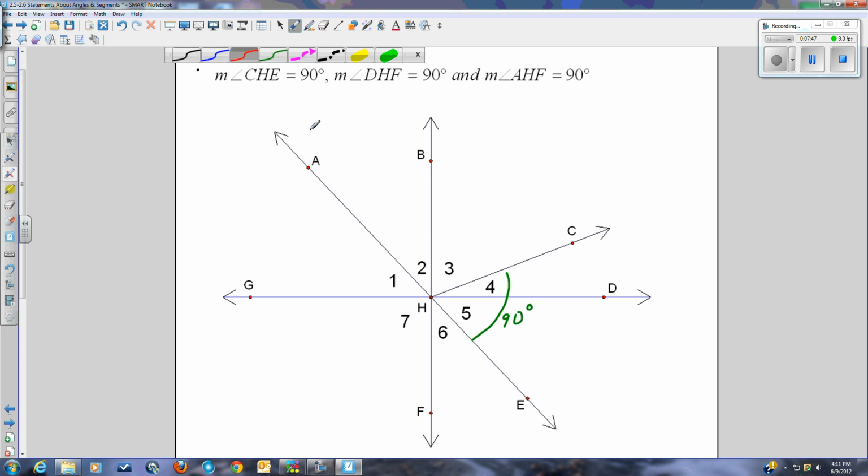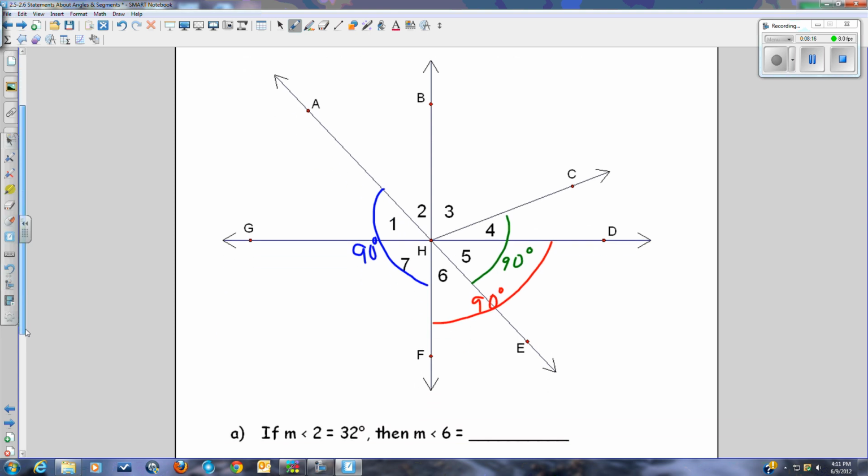We are told that DHF is also 90 degrees. And we are told that the measure of angle AHF is also 90 degrees. Well, you can see right off, this is definitely not drawn to scale. But we are given some information down below.